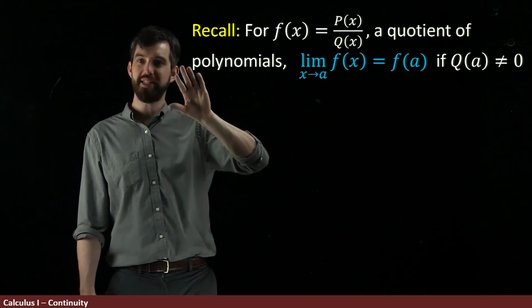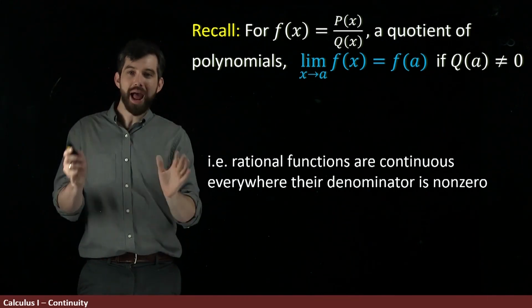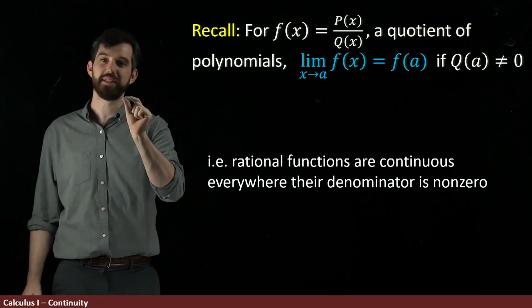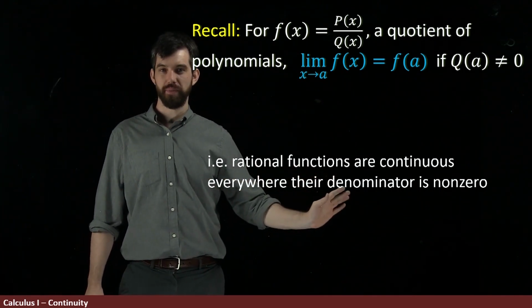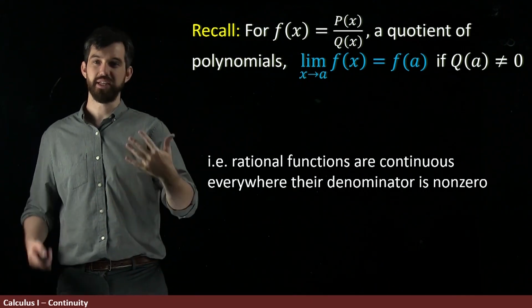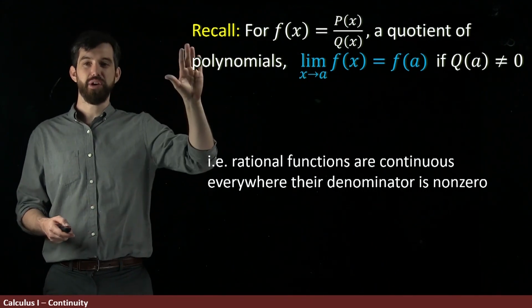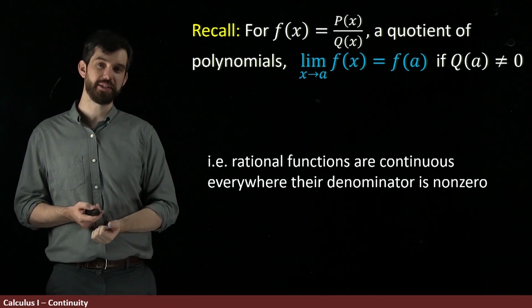In other words, what we've seen before, we can recast as saying that all rational functions are continuous, at least where their denominator is non-zero. So as long as your denominator is non-zero, then a rational function is continuous. So this creates a big, large set of examples of continuous functions for us.